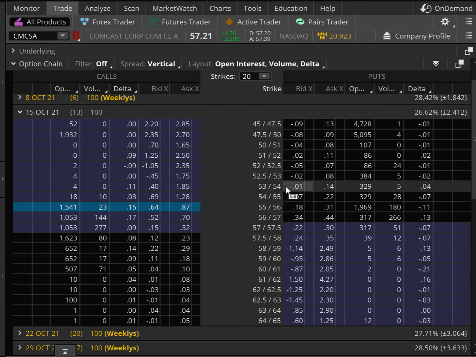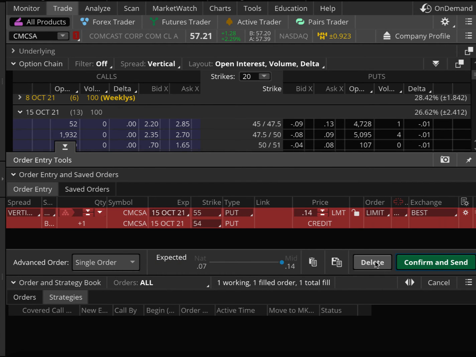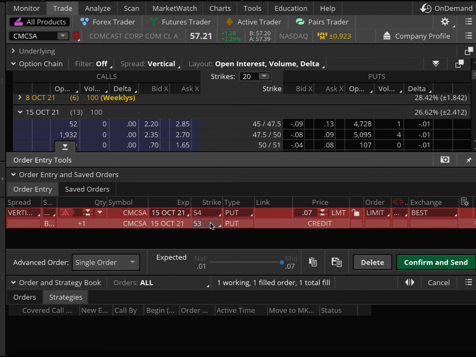So when you go to your options chain, you're going to sell something in this range like right here, $54, selling the 54, and then now look at the number here. You have very poor profit to risk ratio. You're going to risk $93 to make $7. So that particular trade doesn't make sense.